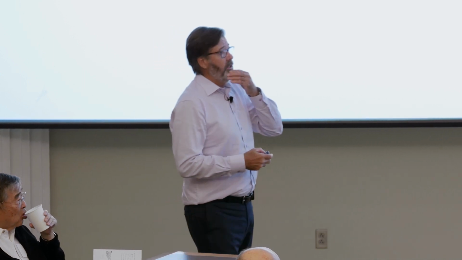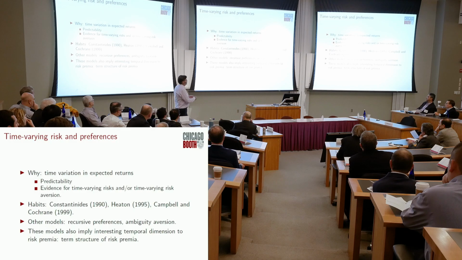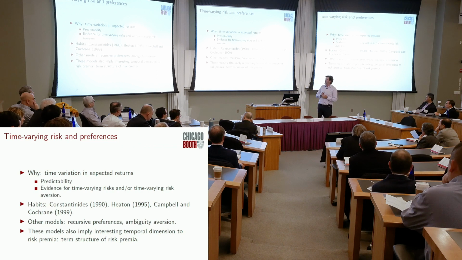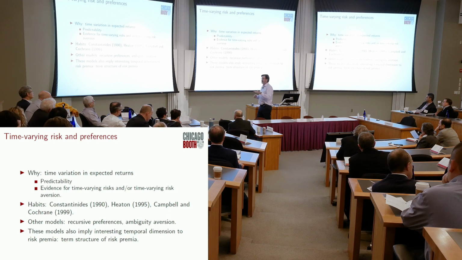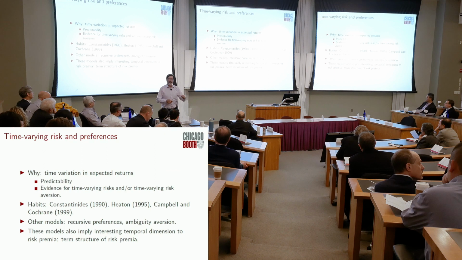Okay, so there are a set of papers, of course, and since I'm giving the talk, I could mention one of my own papers, but anyway, major works here include George Constantinides, I don't see George here, but George had a very important paper in 1990 outlining a habit model and quite a nice insight about how you could get, with habits, slower responses of consumption, and then having risk aversion move because of lagged consumption.